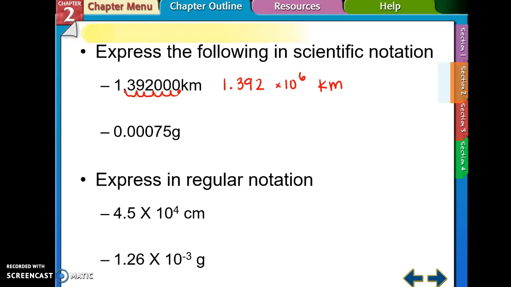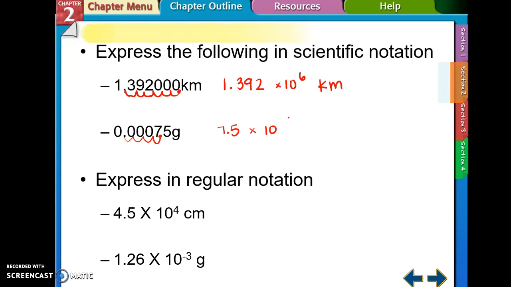On the next one, I want the decimal to move from where it is right now, after the 0, to be between the 7 and the 5. So I'm going to move this 1, 2, 3, 4 times. My coefficient is going to become 7.5 times 10.